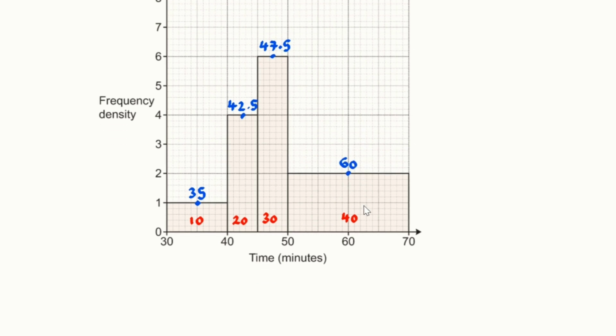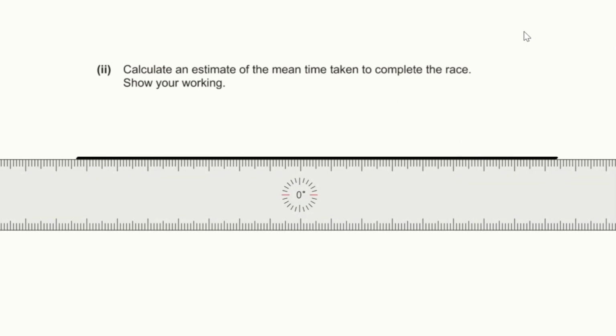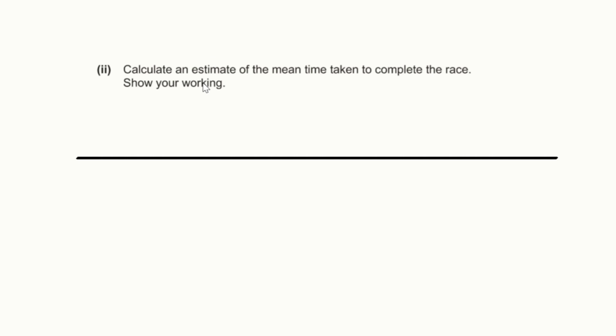So for us to calculate our mean, we have the 10 multiplied by the 35.